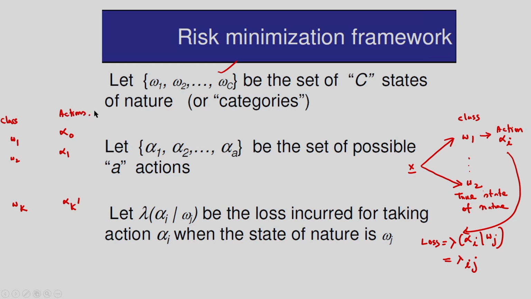Corresponding to W1 I can take the action alpha naught, and similarly corresponding to W1 I can take this action also, alpha k dash. So corresponding to this, what will be my loss? The loss will be lambda k dash 1. That is the loss I can determine.